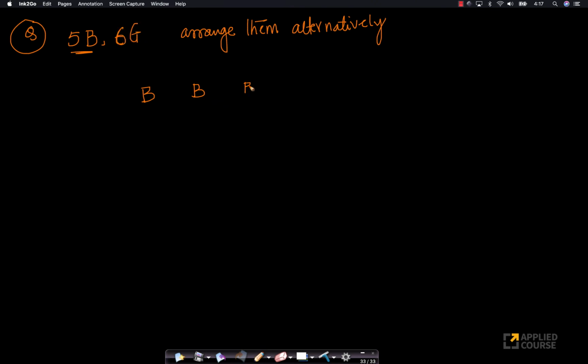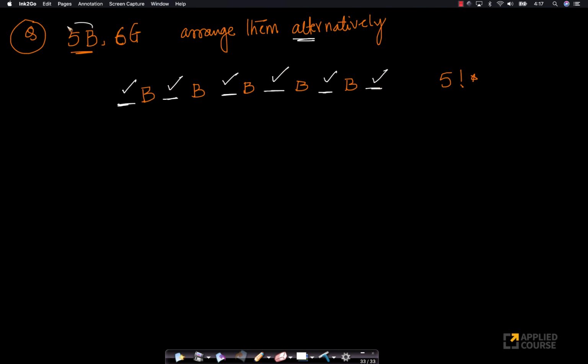Okay, so I have 5 boys, B, B, B. In how many ways can I organize 5 boys? 5 boys I can arrange in 5 factorial ways. Now, after I've arranged 5 boys, I want to arrange my girls. Look at this. I have my 6 girls and I have 6 positions here. If I start arranging them alternatively, I have exactly 6 positions.